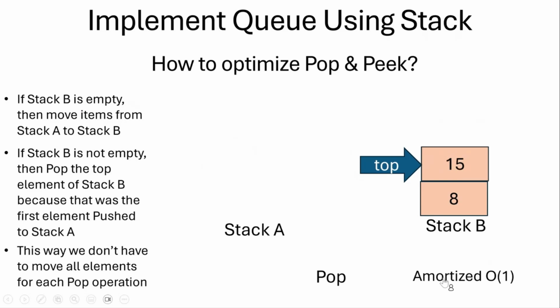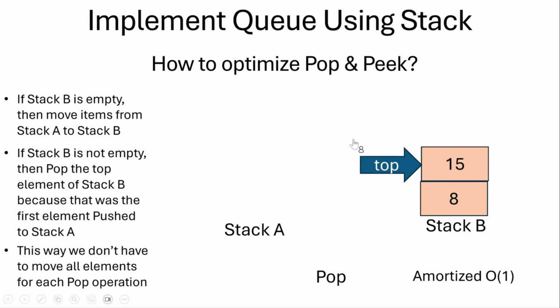So that's why on average, the time complexity is O(1). Similarly, we can do this for the peek as well. If stack B contains elements, just give the element at the top. If it does not have any element, then move the elements from stack A to stack B and then give the top of the stack.